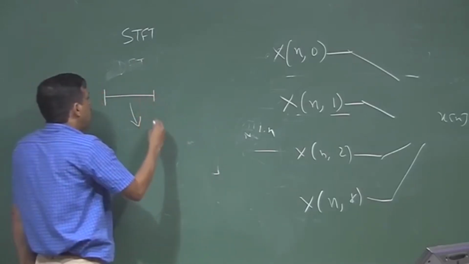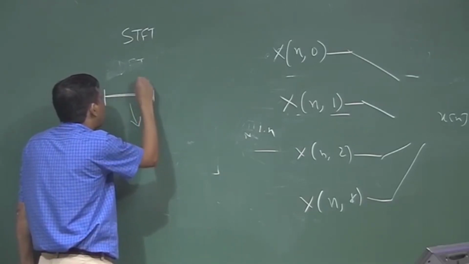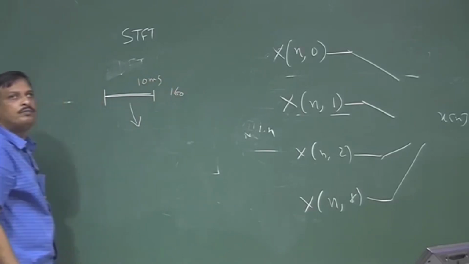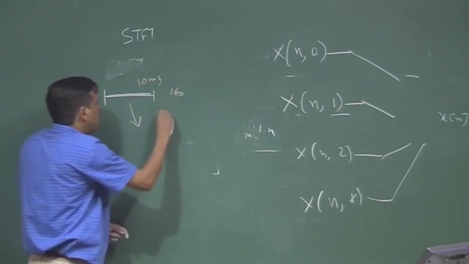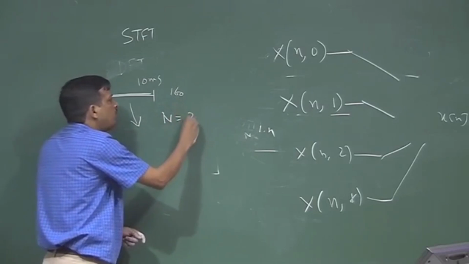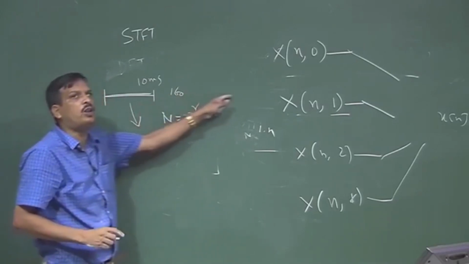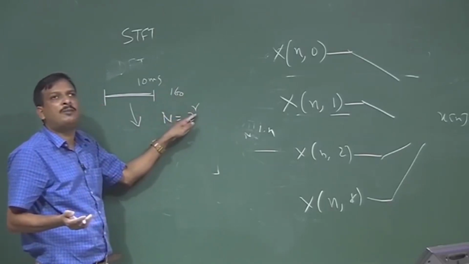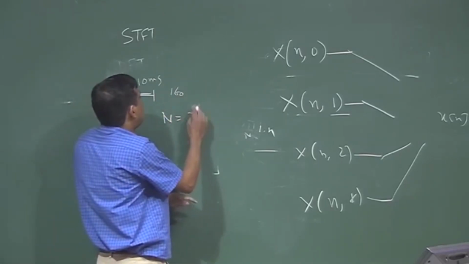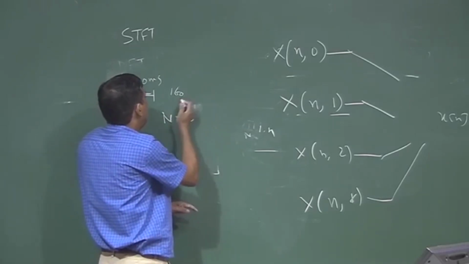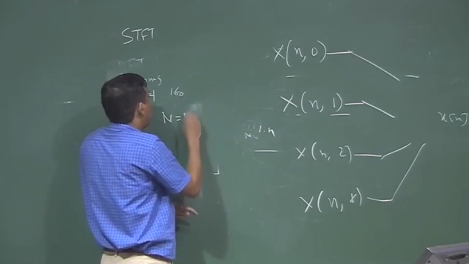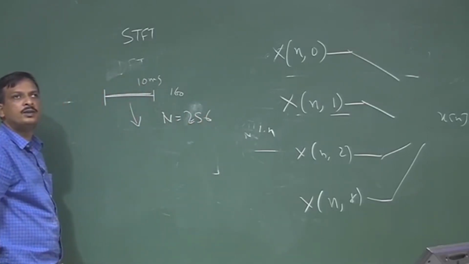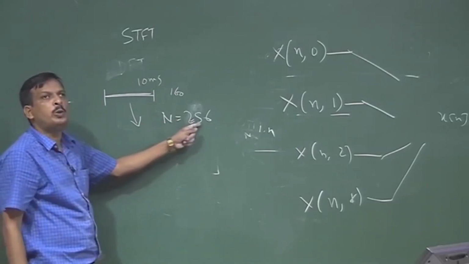So, let us take a signal of 10 milliseconds, which contains 160 samples. The length N of the DFT is the nearest 2 to the power something; otherwise I have to put in more zero padding and the amplitude will vanish. So, the nearest is 256, so I take N equal to 256.